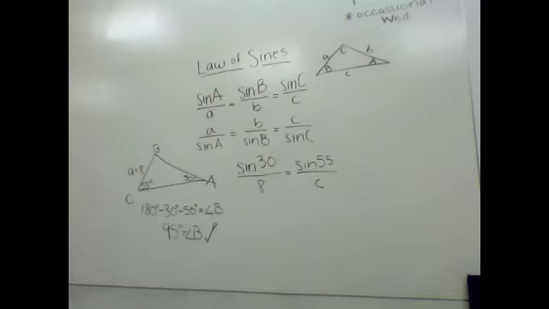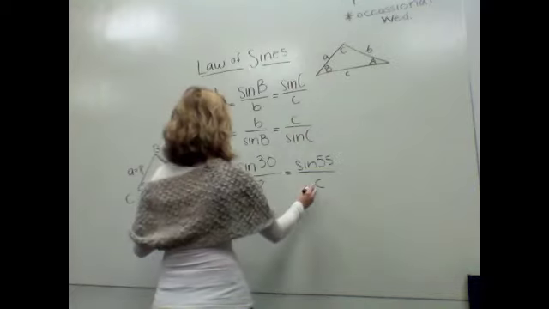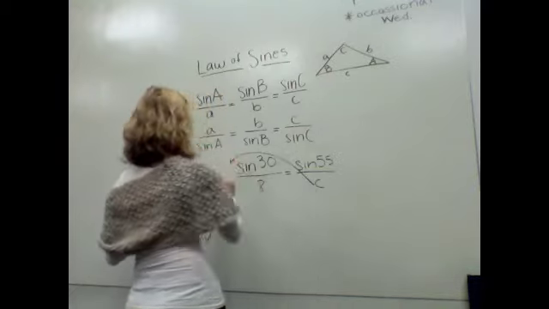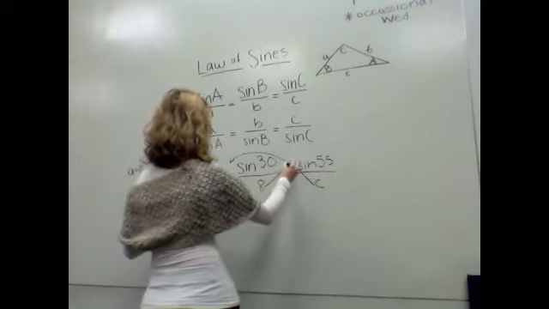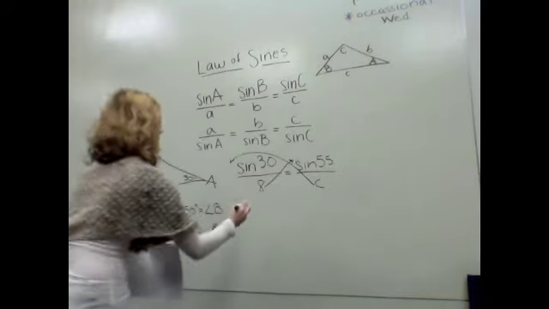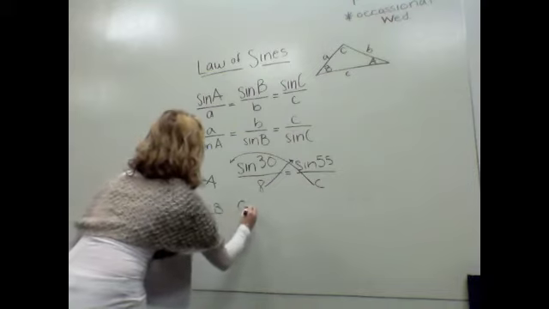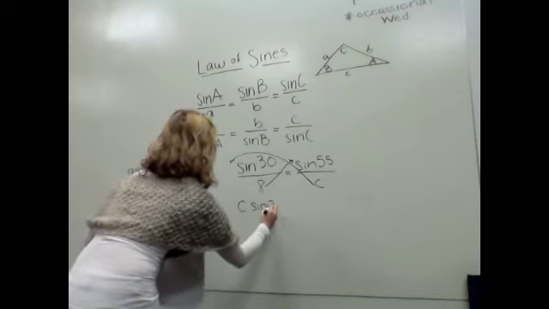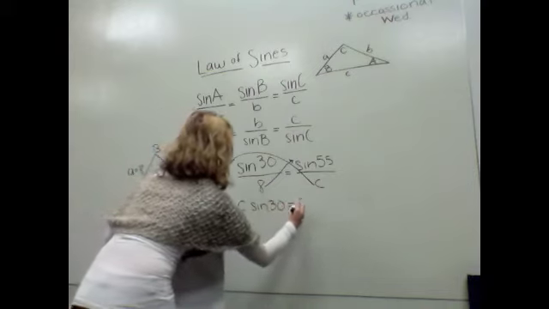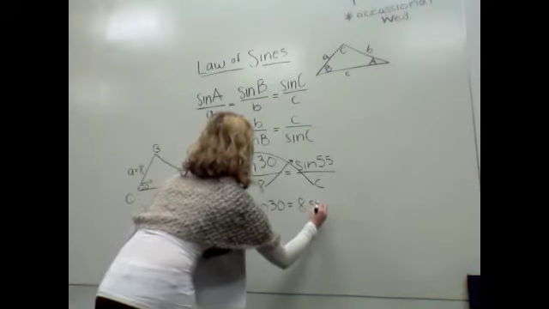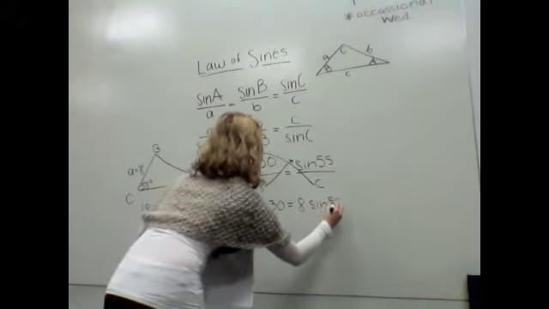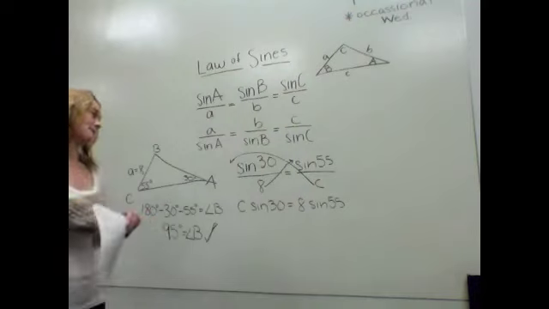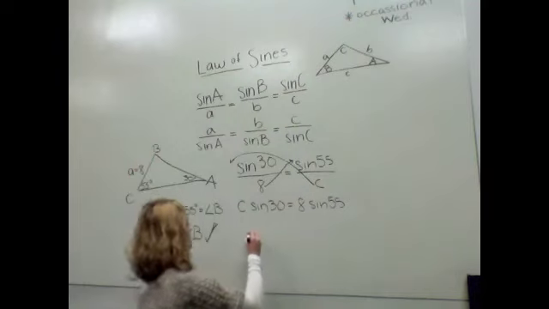This is a ratio. This is when I can actually start to use my cross multiplication. So I know that I want to bring C over here, and I'll bring 8 over here by cross multiplying. So I really have C times sine of 30 equals 8 times sine of 55 degrees. My last step is to isolate my variable, so I'm going to divide by sine of 30 degrees.